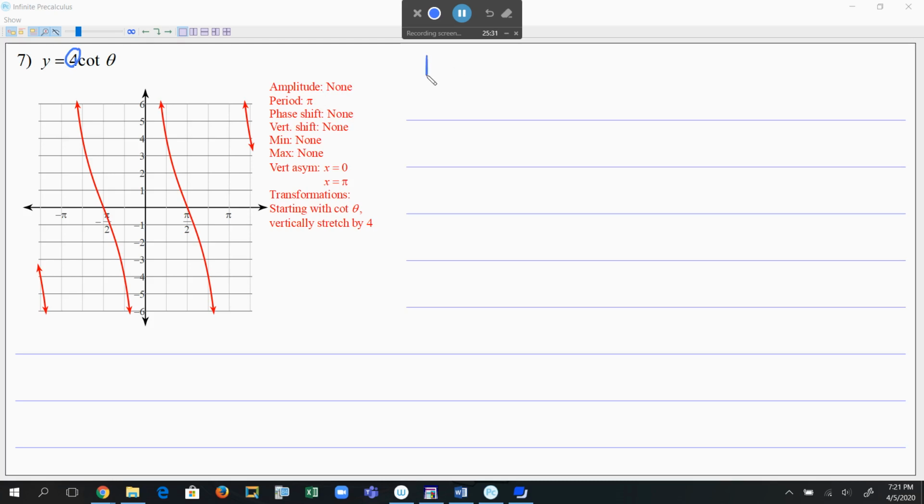Why? So think about if we look at our parent function. For our parent function, the period is pi. So now for this new function, y equals 4 cotangent of x.